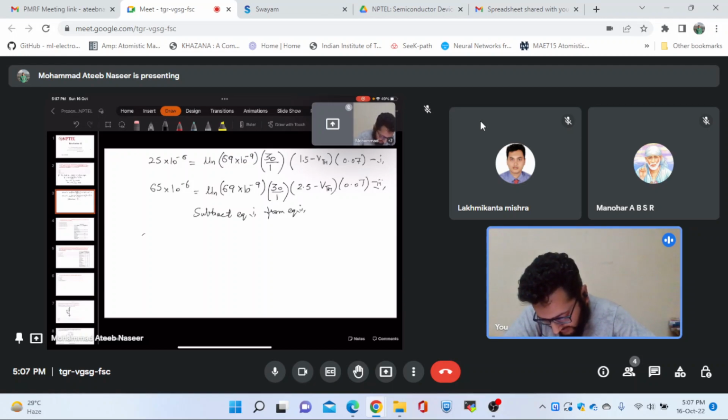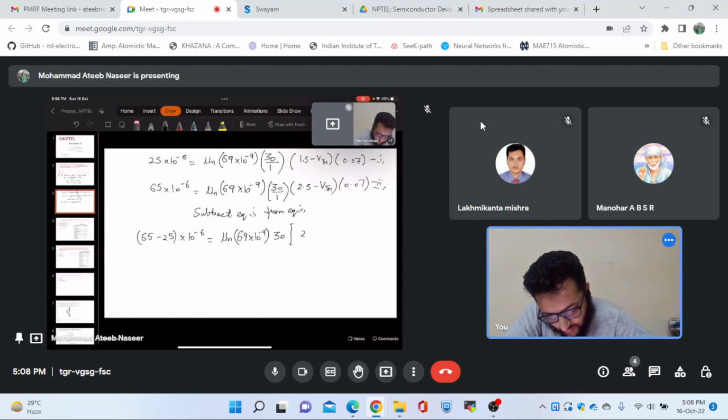So it will simply mean I will be subtracting 65 minus 25 into 10 to the power of minus 6. This will be mu n C ox into (2.5 minus VTH). So let me take this mu n into 69 into 10 raised to the power minus 9 into 30 as common factor.